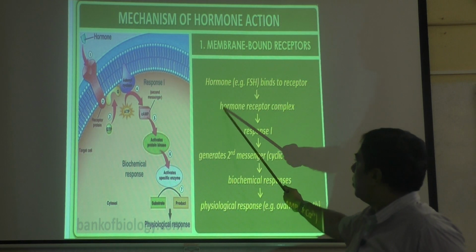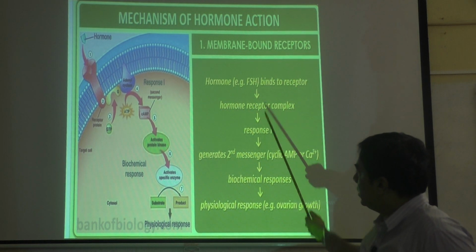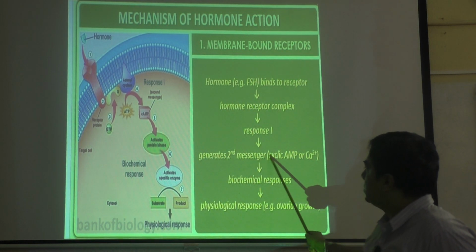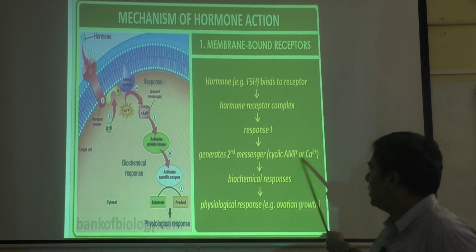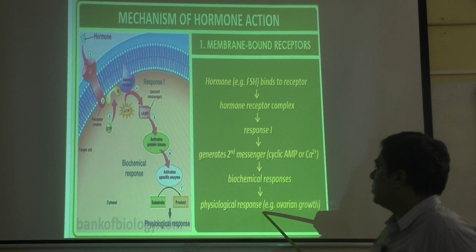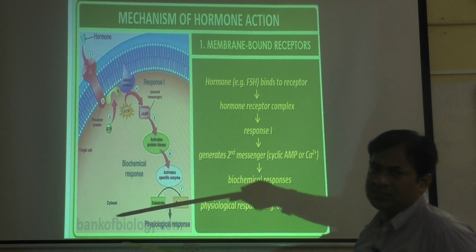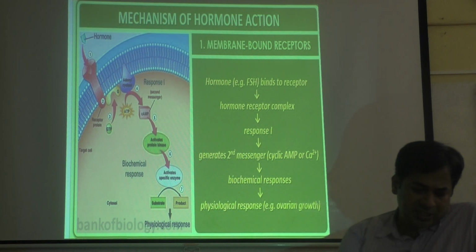It produces a hormone receptor complex, produces response 1, which produces secondary messengers like cyclic AMP and calcium, produces a biochemical response, then that produces a physiological response, that is ovarian growth. Otherwise, just what we have learned now is the same thing, they just explained it with the help of a diagram.